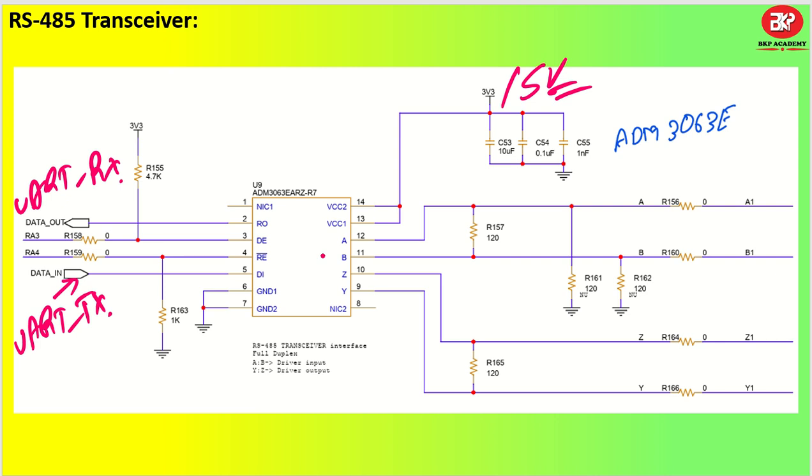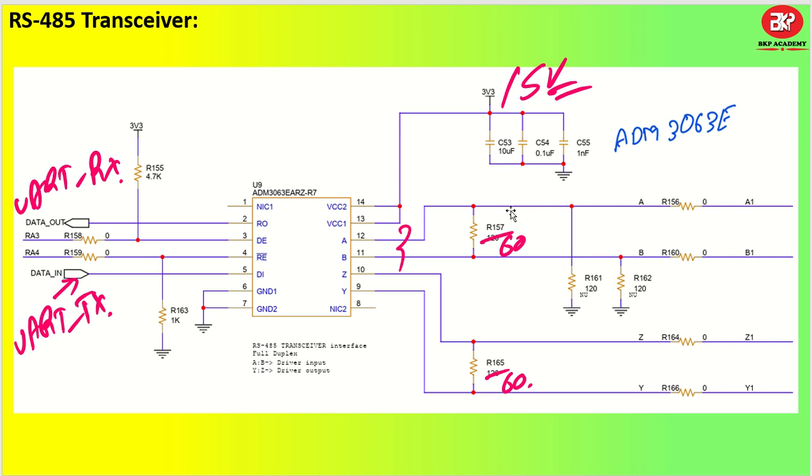Now for receiver input, we had connected 120 ohm here, make it 60 ohm, and here also make it 60 ohm. Otherwise you can put one more resistor of 120 ohm in parallel, so that 120 will become 60, as we had done earlier.